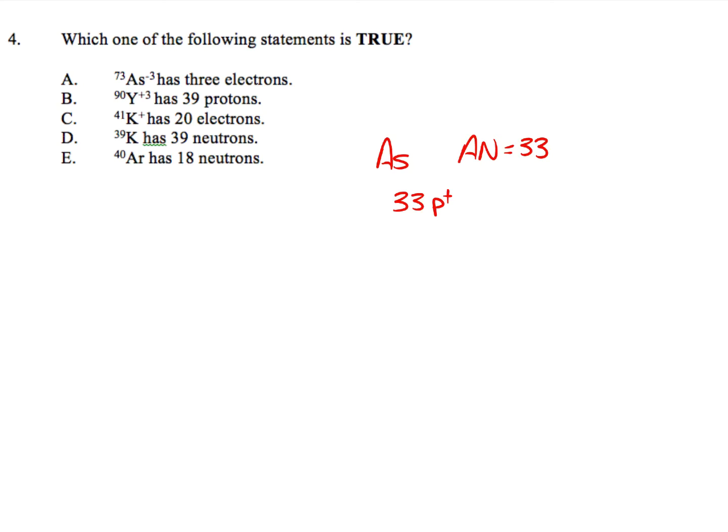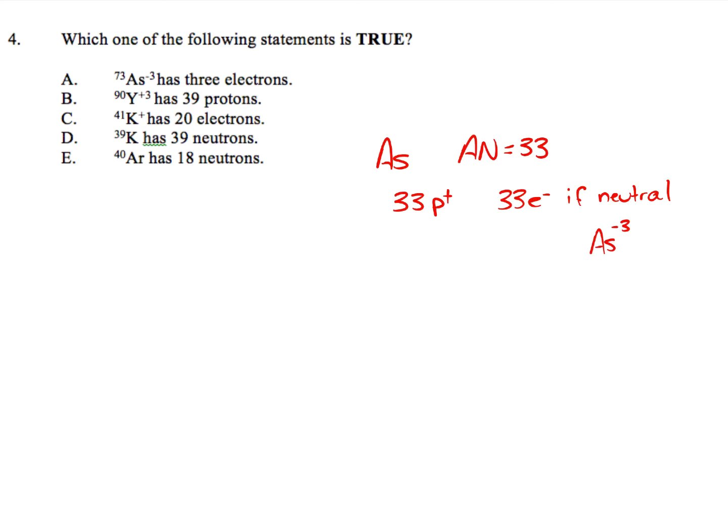Now if it's neutral, it'll have the same number of electrons. But you're given As -3, so that essentially has 3 more negative particles.